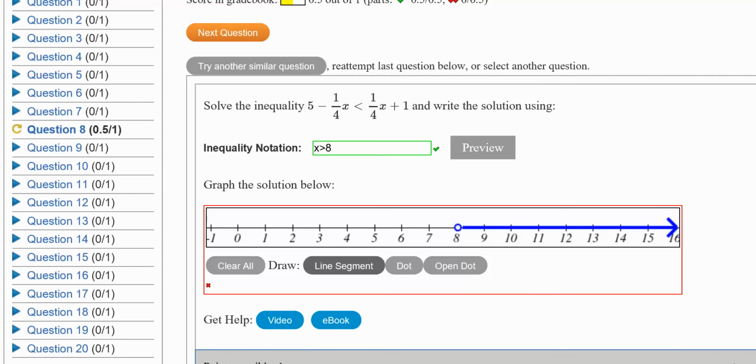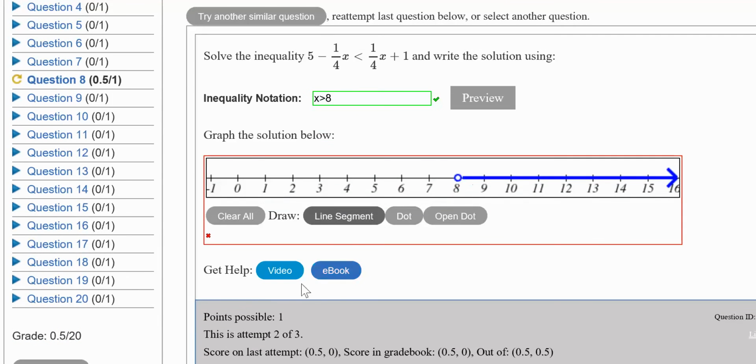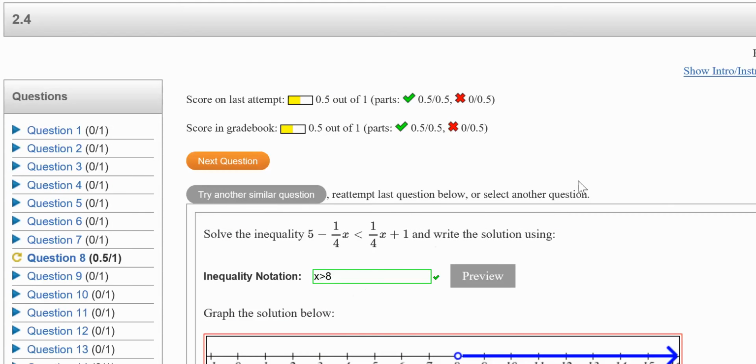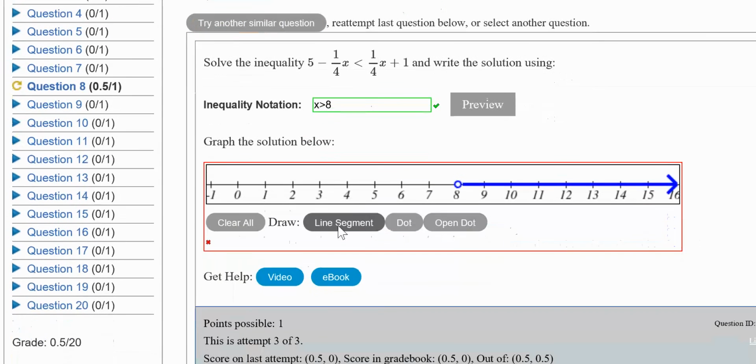Okay, let me submit it one more time. Adding a little extra space there. Okay, let me try one more time. This is my last attempt here. Open dot right at 8. The line, so we're going to put right on 8 and extend it out further this way.